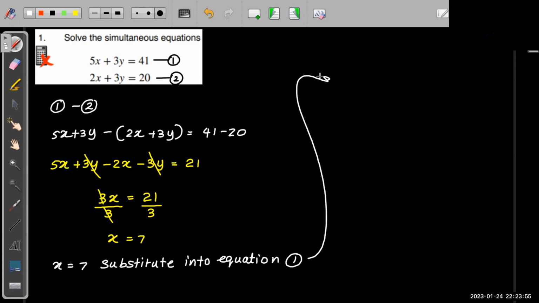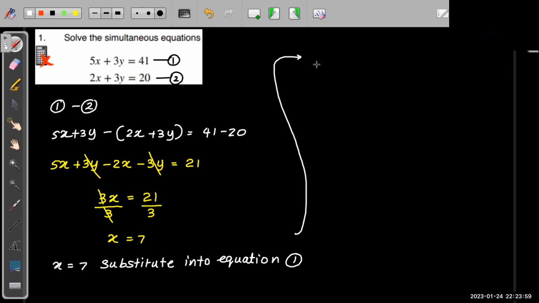Let me do it over here. 5 into 7 plus 3y equals 41. 35, sorry, 35 plus 3y equals 41. 3y equals 6, y equals 2.